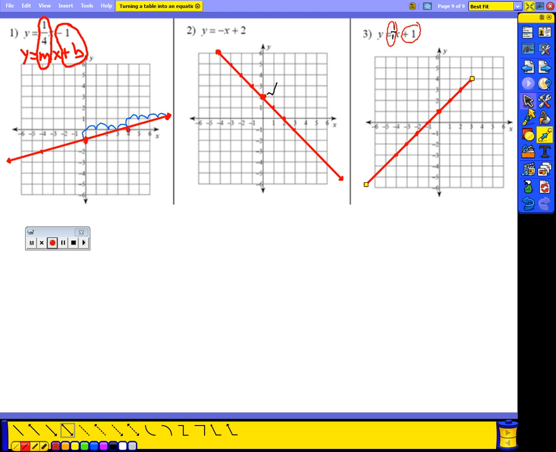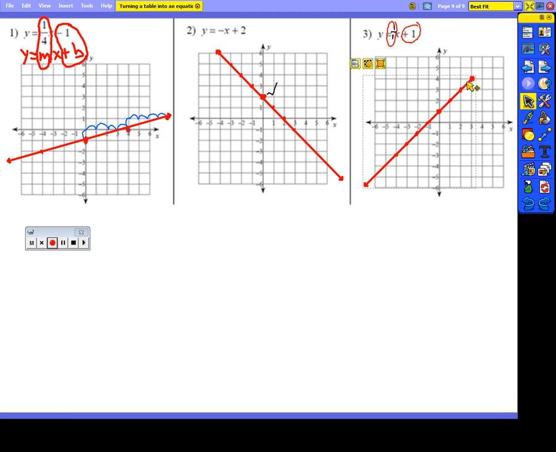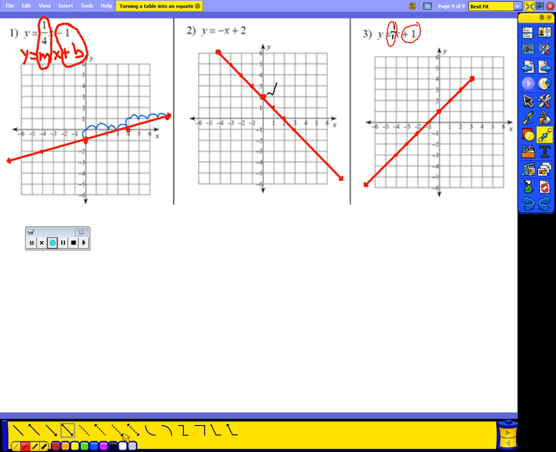What I really want to do is this line should extend throughout your entire graph. So let me just extend it a little more.